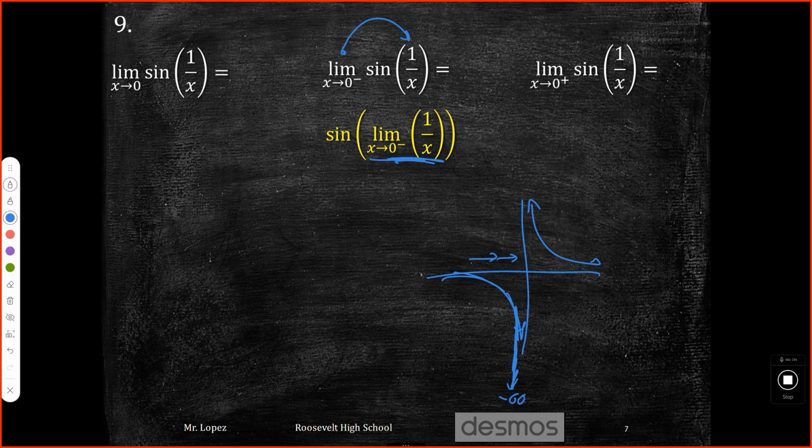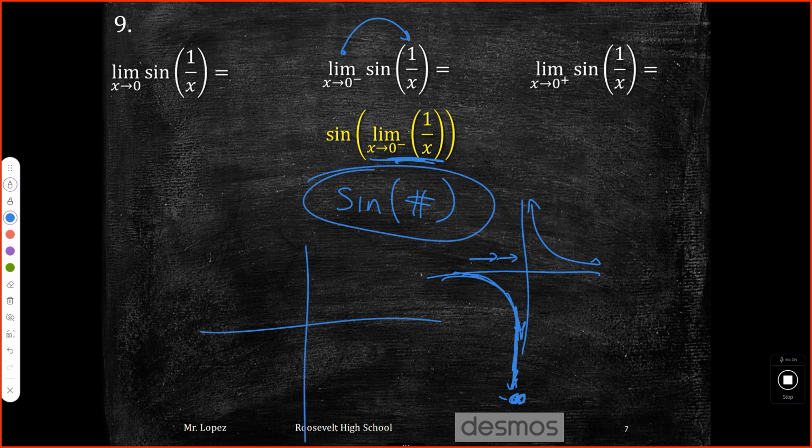So these numbers keep getting closer and closer to 0, and 1 over x gets really negatively big, like negative 1,000, negative a billion, negative a gazillion, and it keeps going forever. When you take the sine of some number, sine is a function that goes forever as well, oscillating between 1 and negative 1.